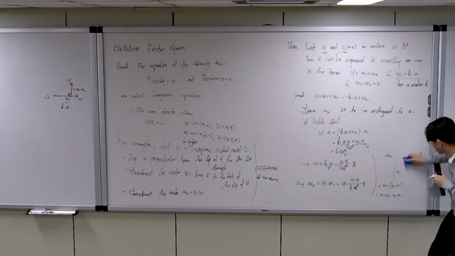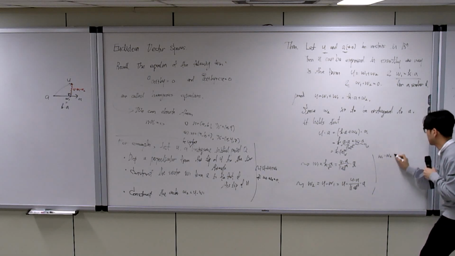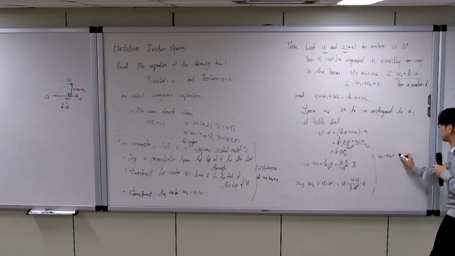I will rewrite. Sorry. The w1 vector was k times a, and we can calculate it.